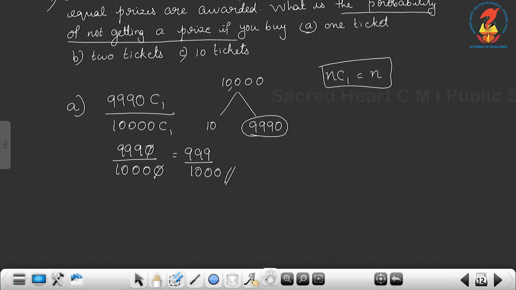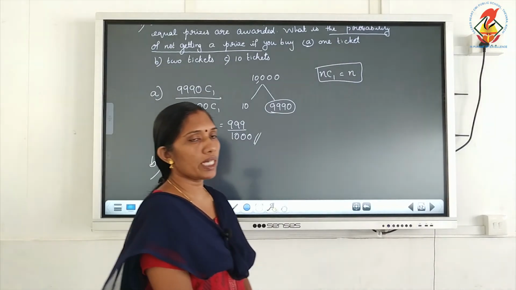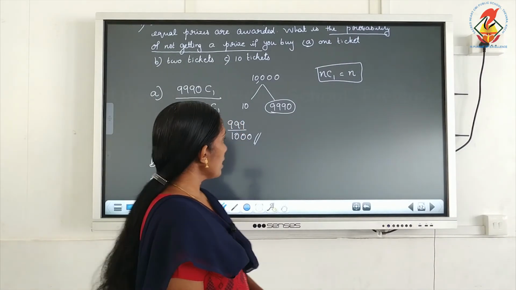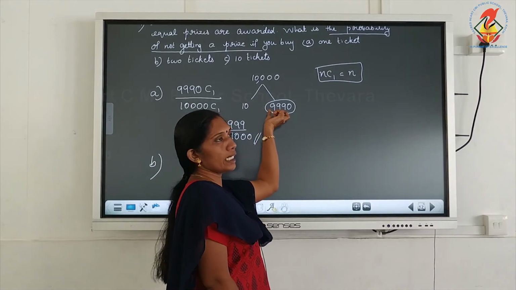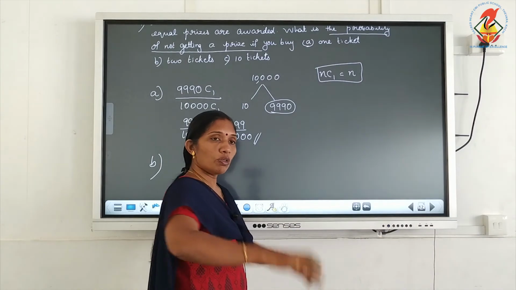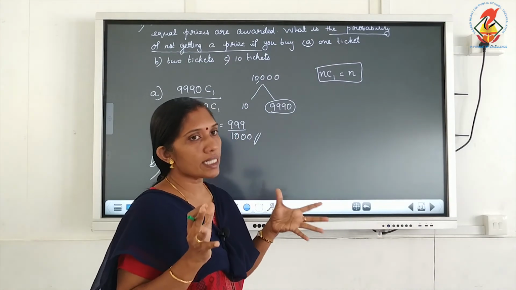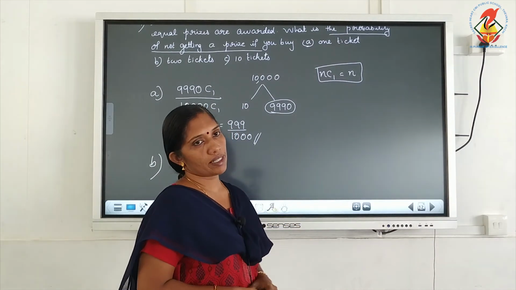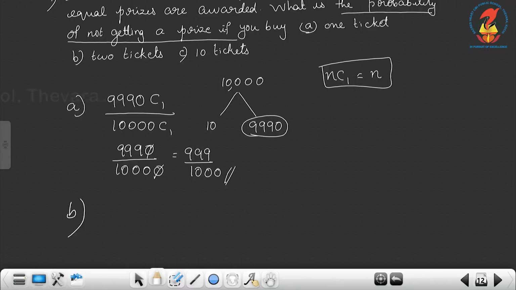Now this next case, if you buy 2 tickets, not getting a prize, for that 2 tickets no prizes, so 2 tickets from 9,990. So that much tickets, from that taking 2 tickets. So what is the probability? 9,990 C2.